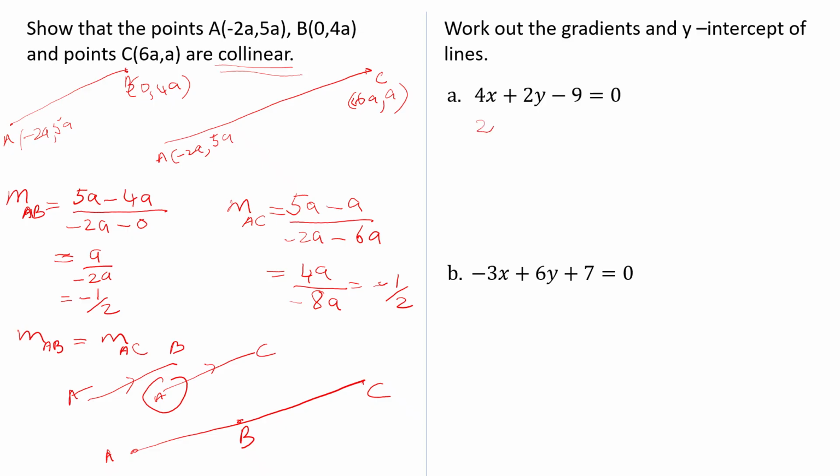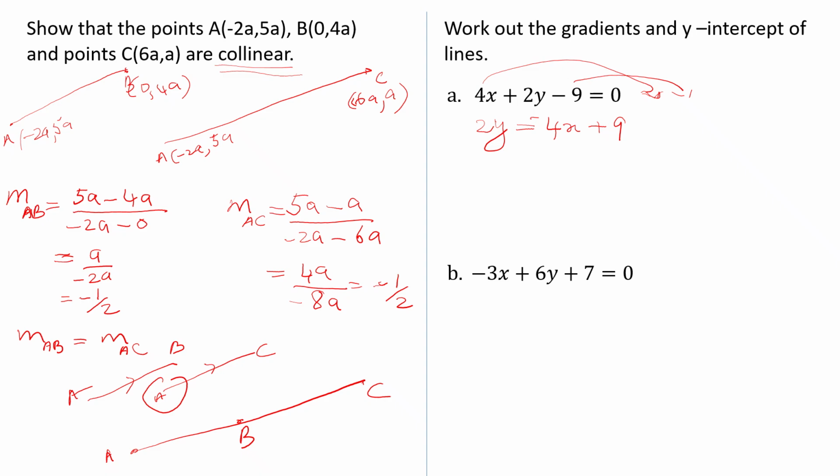So 2y, I'm going to keep 2y one side and move the other side, negative 4x and plus 9. So I'm going to move other side, these two. So now this is 2y. So I want to make y equals mx plus c.